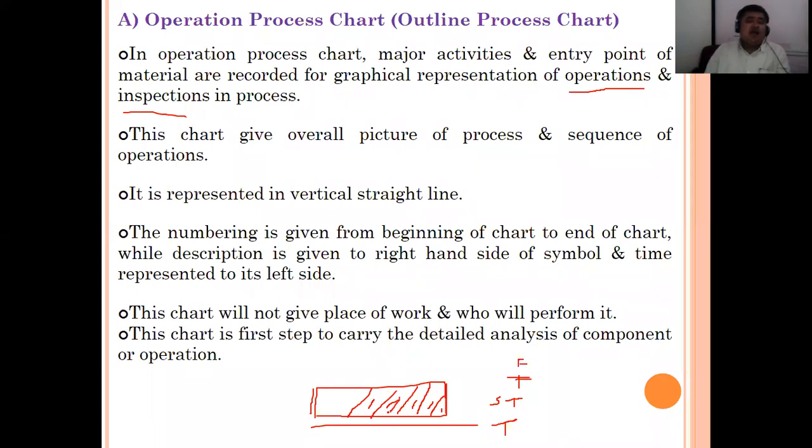Otherwise, what happens? If I set the machine for threading, then after threading, if I go for facing of this side, I have to put the threaded part into the chuck, and because of that holding pressure, these threads may get damaged.